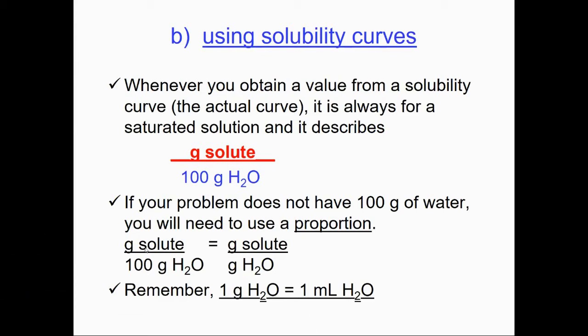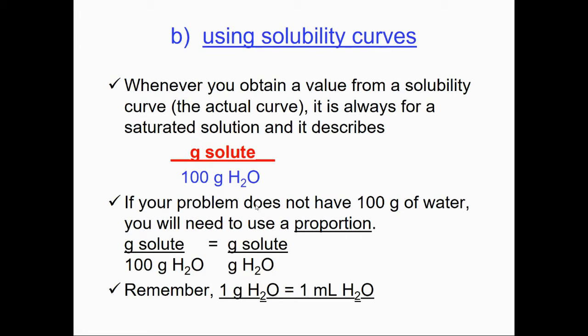How do we use solubility curves? Whenever you obtain a value from a solubility curve, the line on the curve is always for the saturated solution. So if you are at a point on a line, you are talking about how many grams of solute you have in 100 grams of water, or 100 milliliters of water.